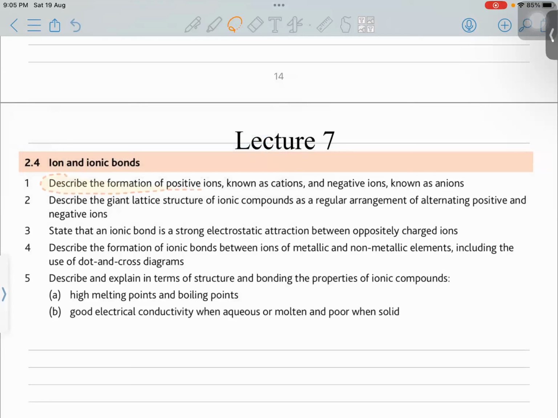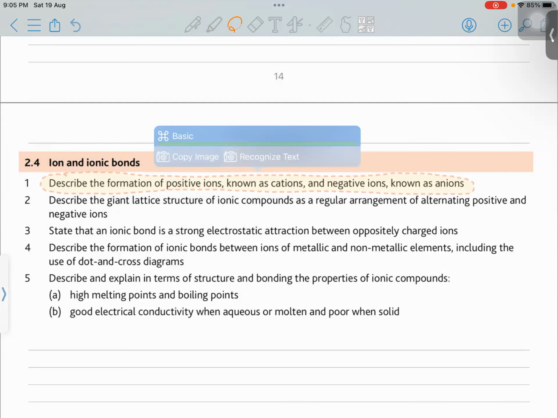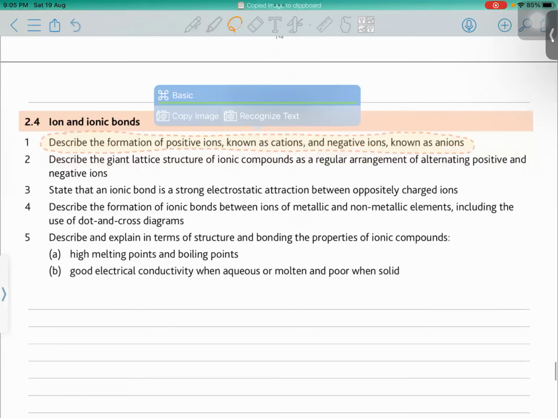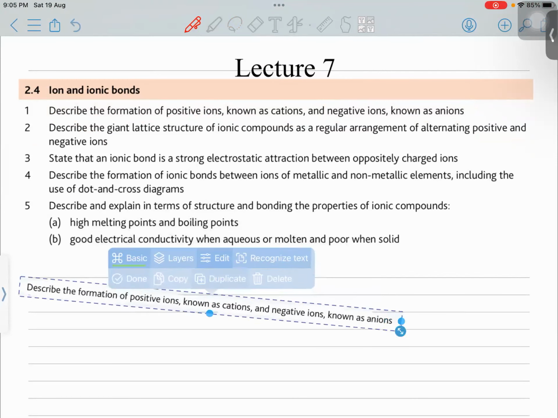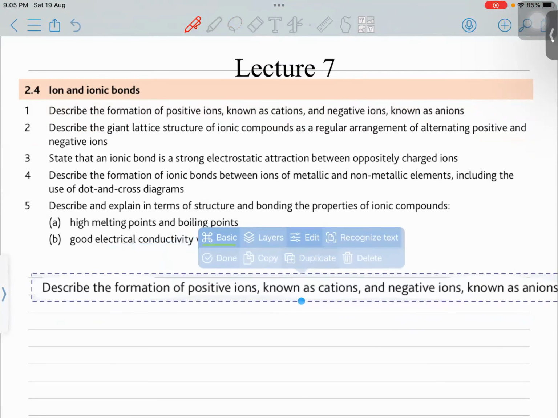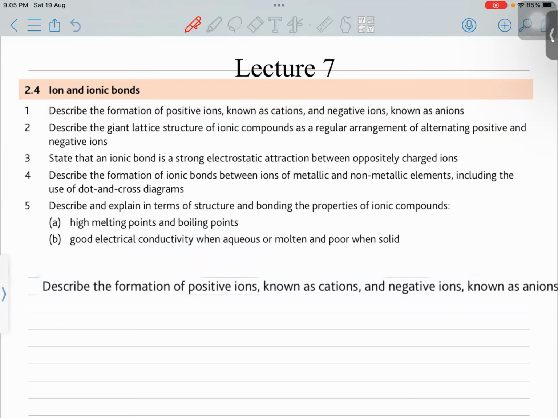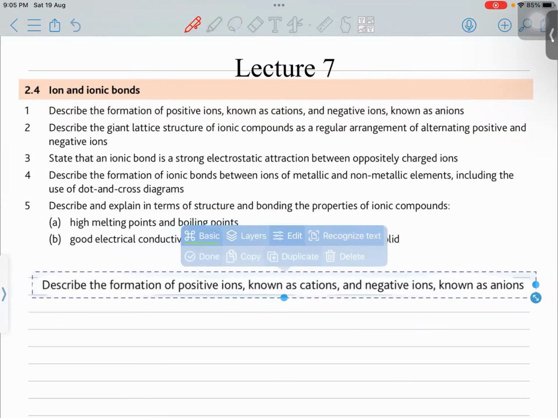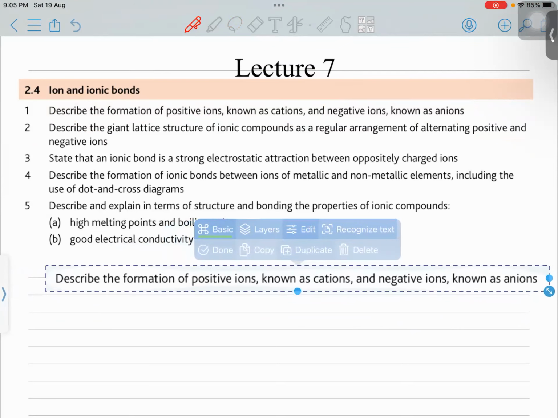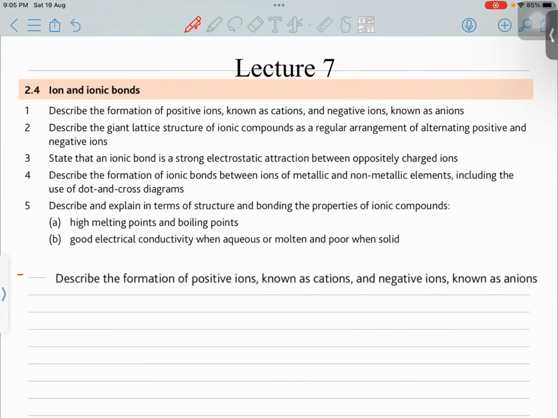Sir, an ion is an atom that has a charge. Okay, anyone else? Sir, there are two types of ions. One is cations and one is anions. The cations are positively charged, and the anions are negatively charged.